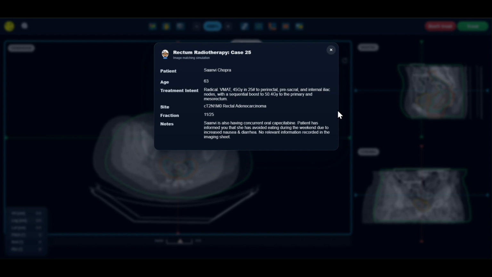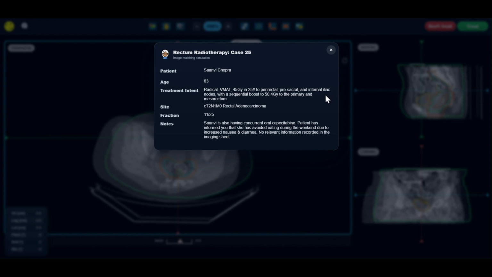Now, this allows for highly conformal dose delivery, which means that the high dose region can be shaped closely around the tumor and the target structures. So that means we can deliver a high dose per fraction because we're much more accurate.